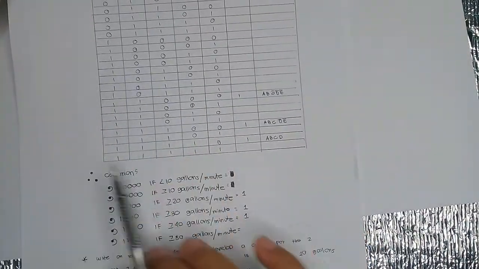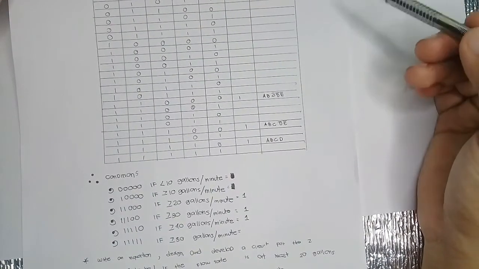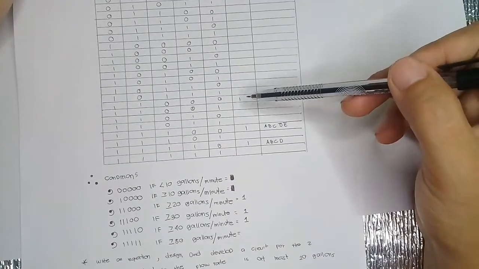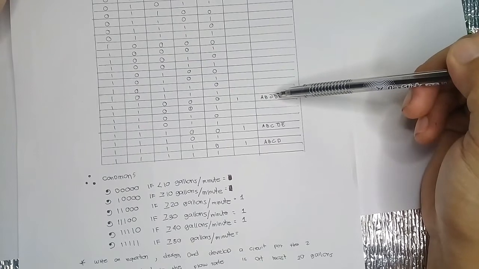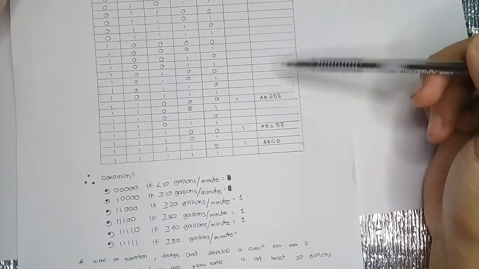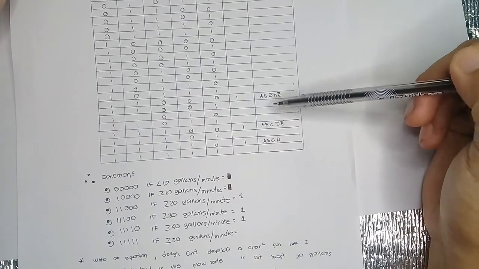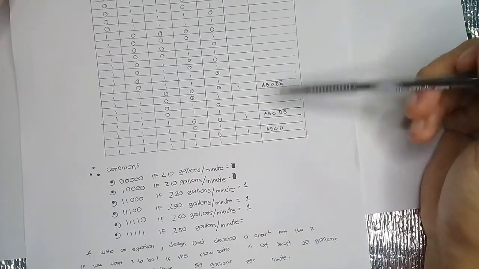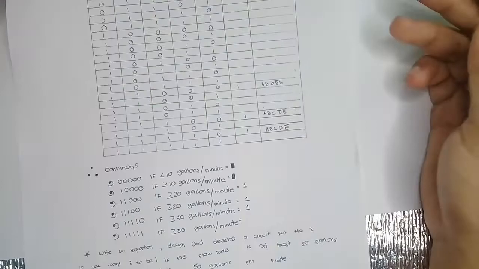From this truth table, we're going to make an equation using our minterms. In order for us to get Z equals 1, we have A, B, C bar, D bar, E bar, and next is A, B, C, D bar, E bar, and the last is A, B, C, D, and E bar.